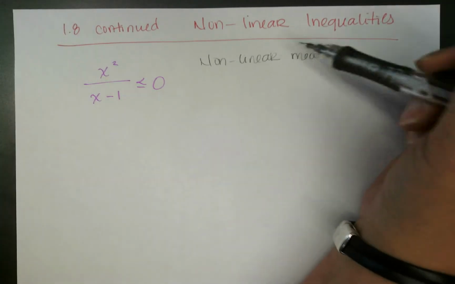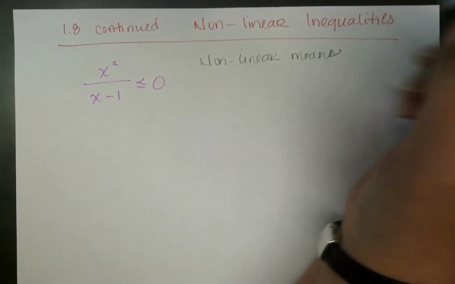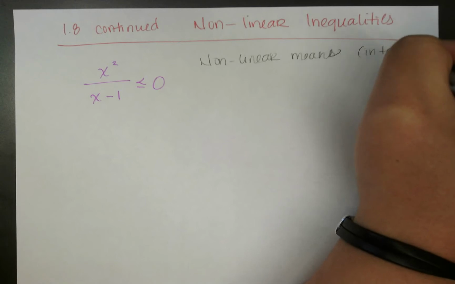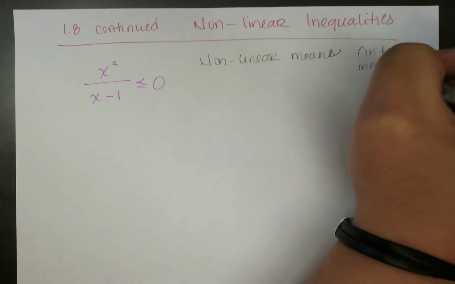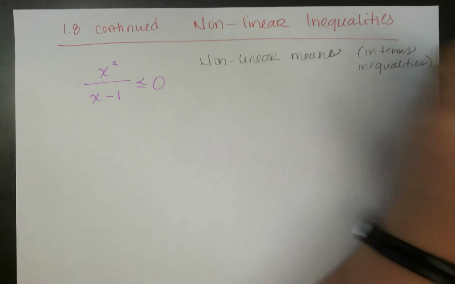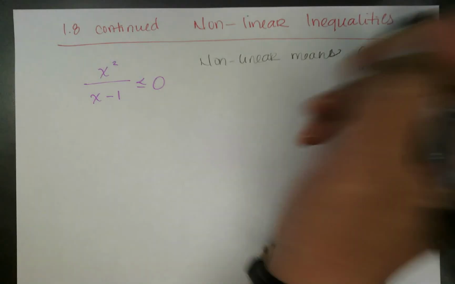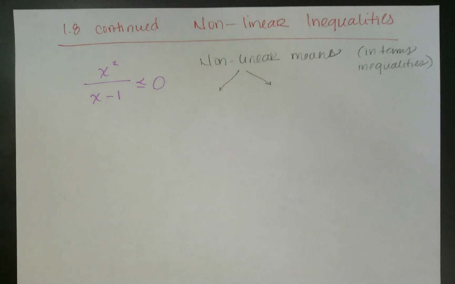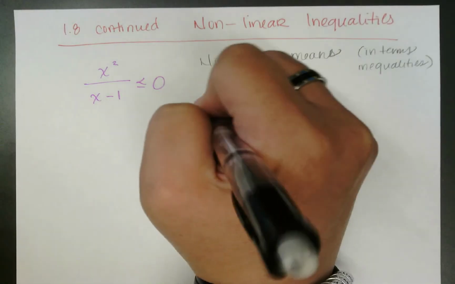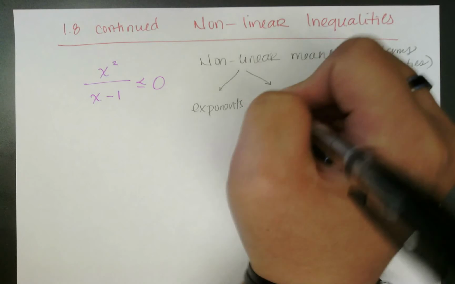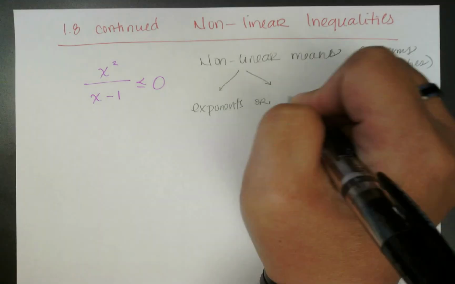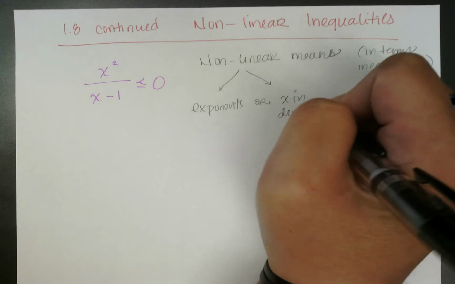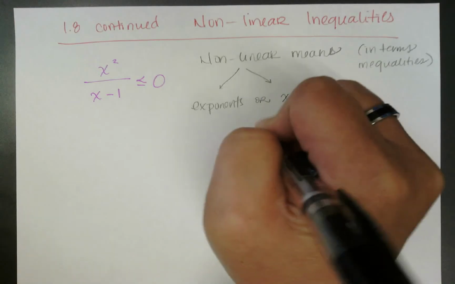For us, as far as inequality goes, nonlinear in terms of inequalities, with less than or greater than symbols, has two cases. These are what you're looking for if you want to know if something's nonlinear: exponents, or x's in the denominator, or both, like our example.